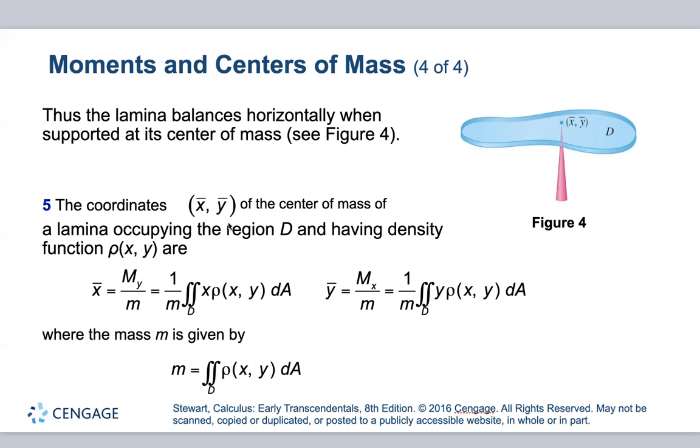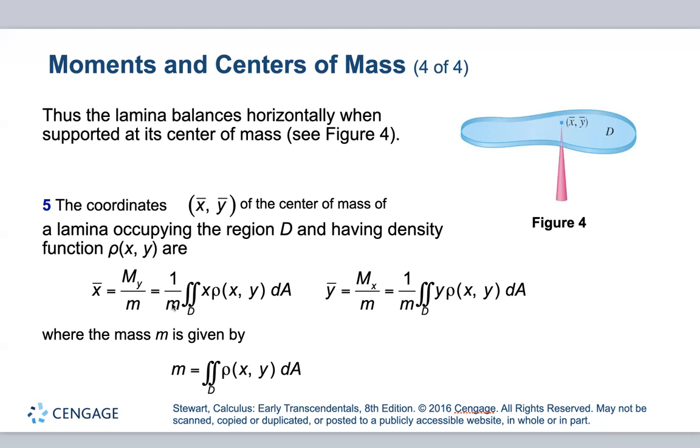The coordinates of the center of mass are given by the moment about the y-axis divided by m. That gives you the x-coordinate. And here's a reminder of the moment about the y-axis formula: it's a double integral of x times the density dA.